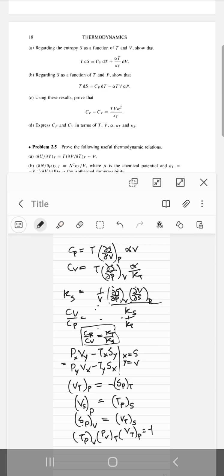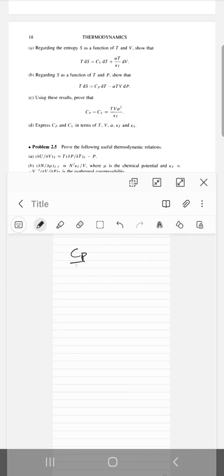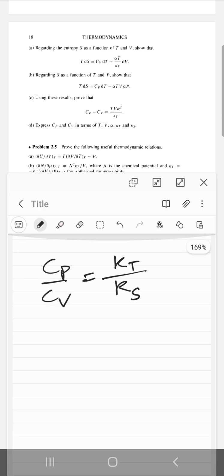It seems that's the best way to do this. It's sort of elimination of variables, if you will. So we have this equation that Cp upon Cv is Kt upon Ks. This also implies that Kt is bigger than Ks, but whatever, let's move on.